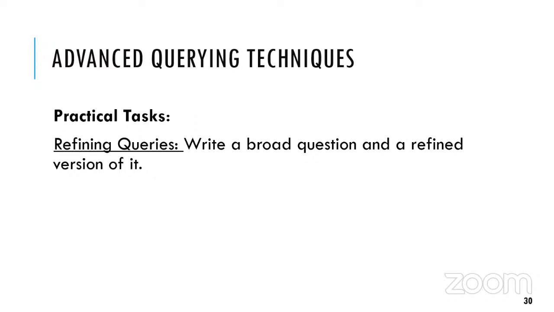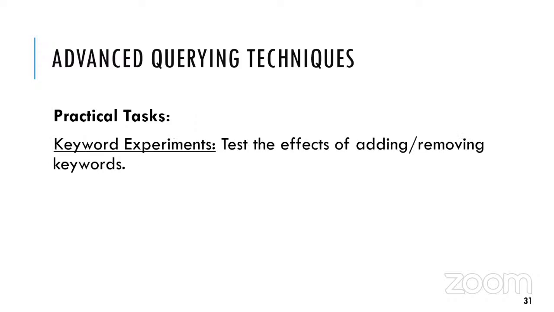So I want you to go right ahead right now. Don't wait till tomorrow. Now. Write a broad question and refine it. Write it down now. Pause this video. Next, I want you to start adding and removing keywords and see the effect on the answer that Perplexity AI has presented to you.